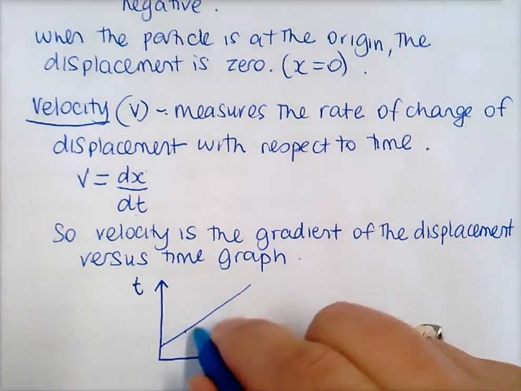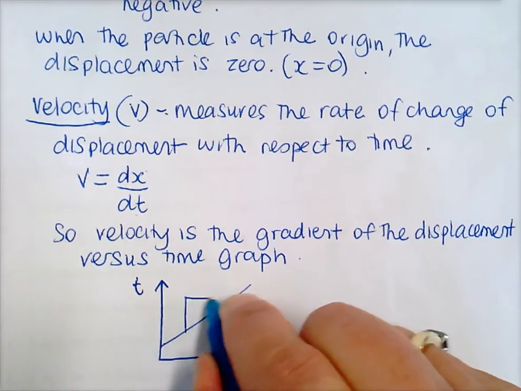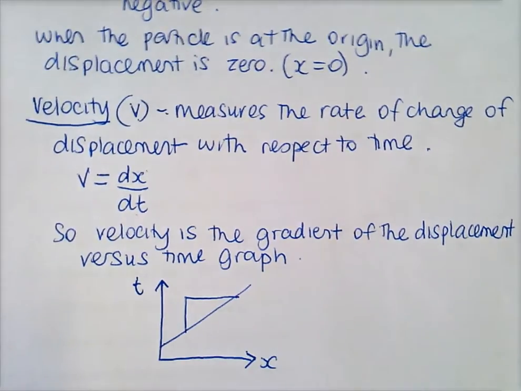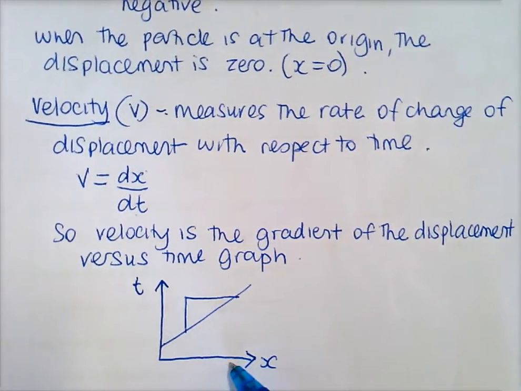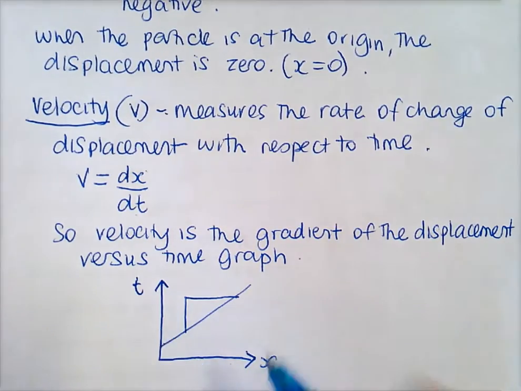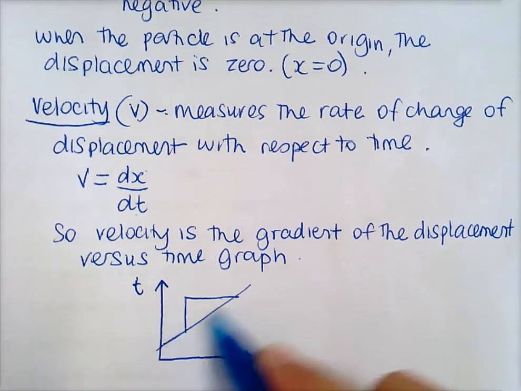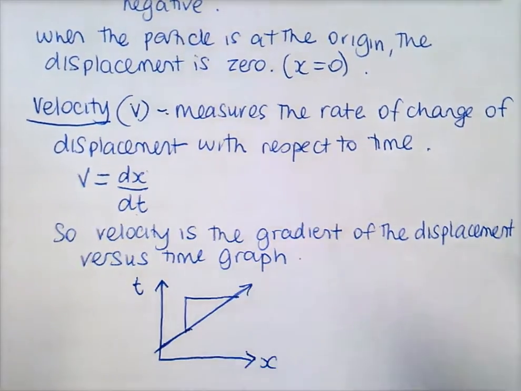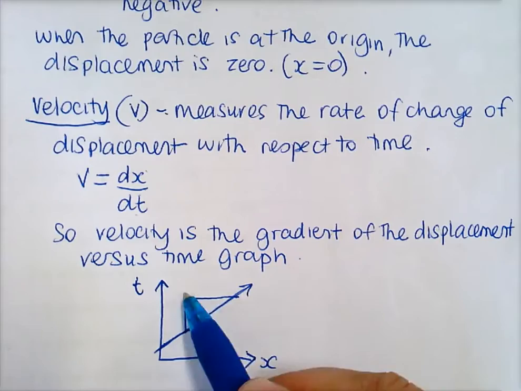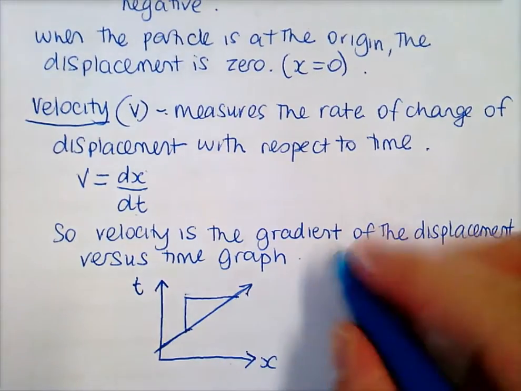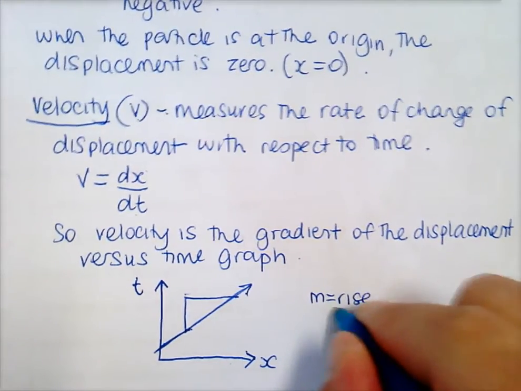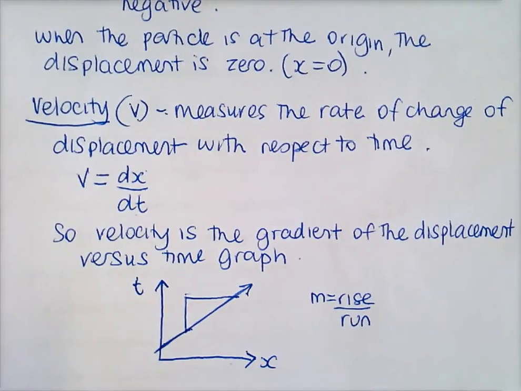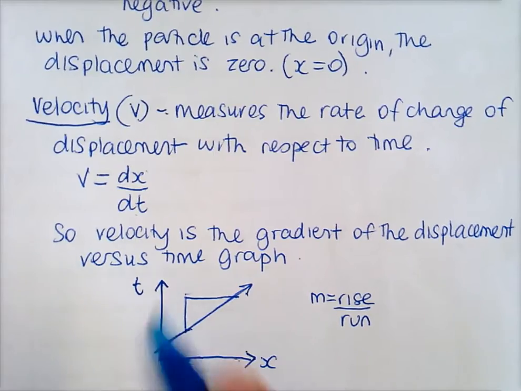The gradient of this graph will be the rate of change of x with respect to t. So if I want to find the velocity at this particular point, I just need rise over run. So the gradient here is rise over run, but it also gives me the velocity. For example, I may move 20 meters in 5 seconds.